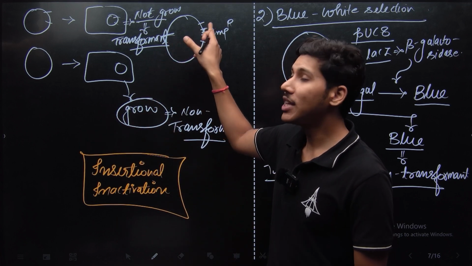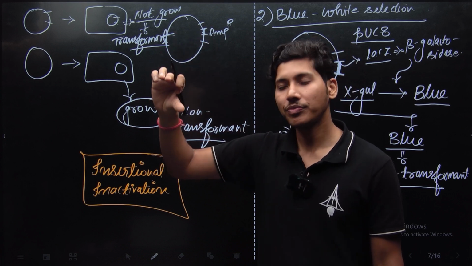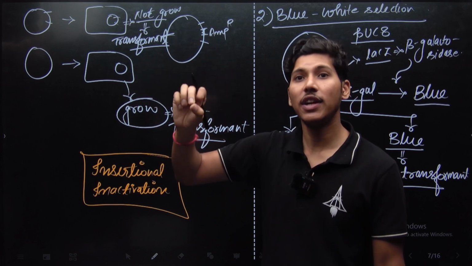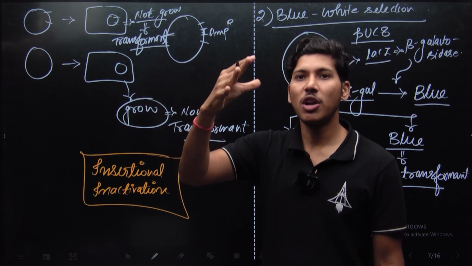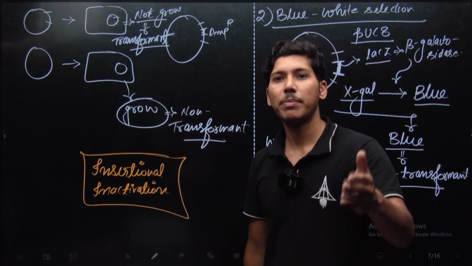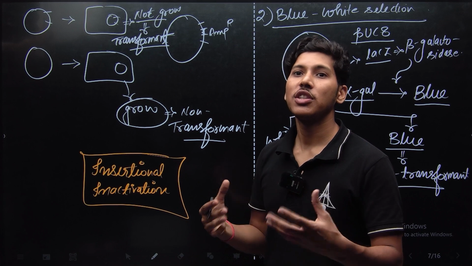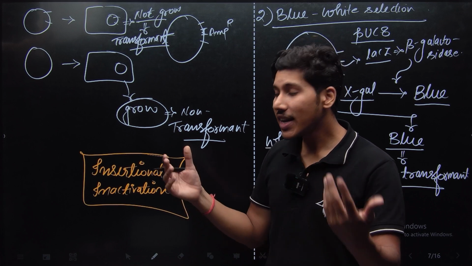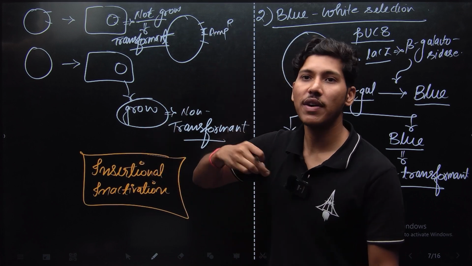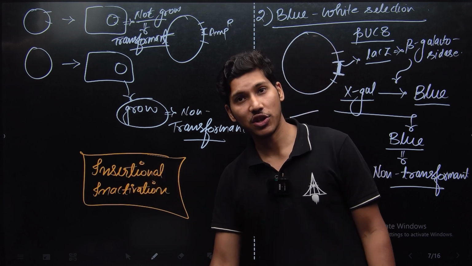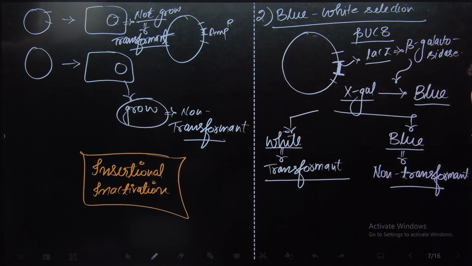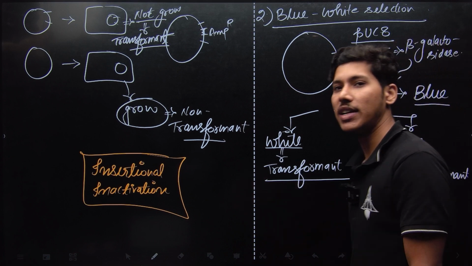But if it has been inserted in the ampicillin resistance gene, then the bacteria or the host containing this plasmid will not be able to grow in the medium containing ampicillin, because the ampicillin resistance gene has been inactivated due to insertion of our gene of interest inside it, and that is known as insertional inactivation. Clear? Now let's move ahead and see blue-white screening.